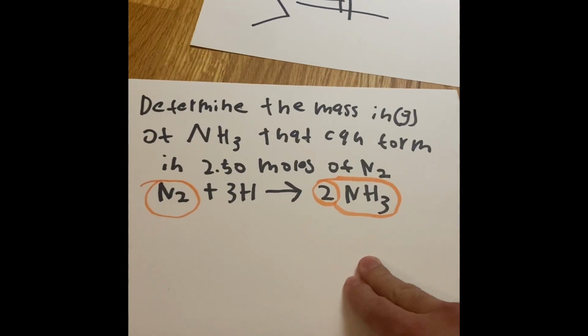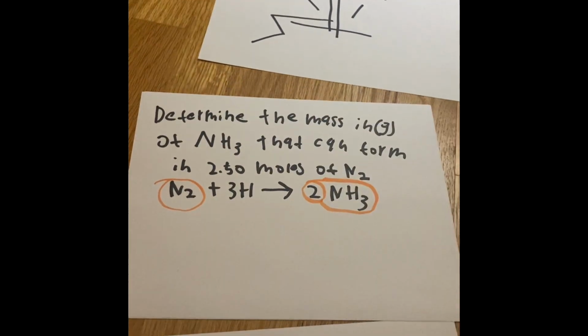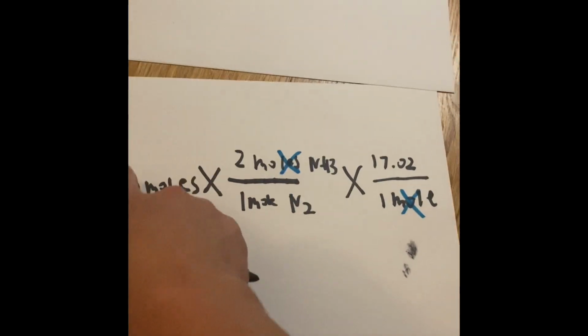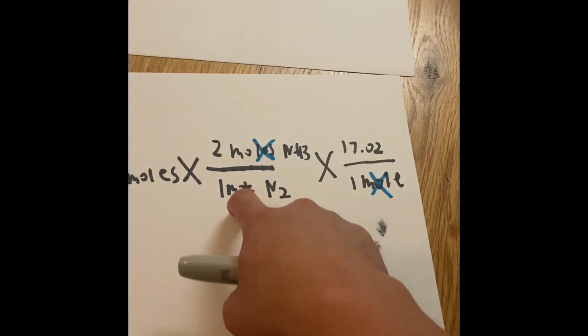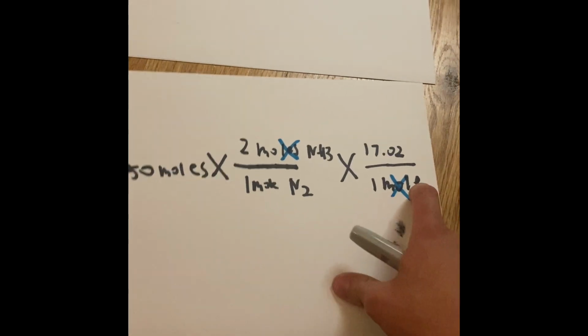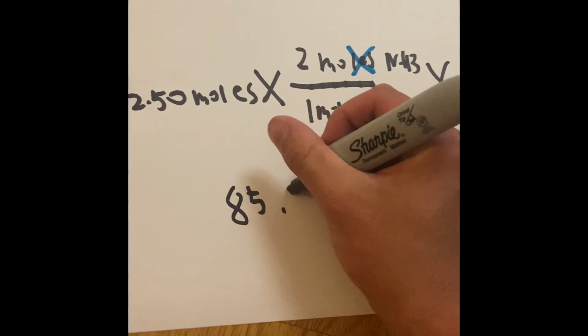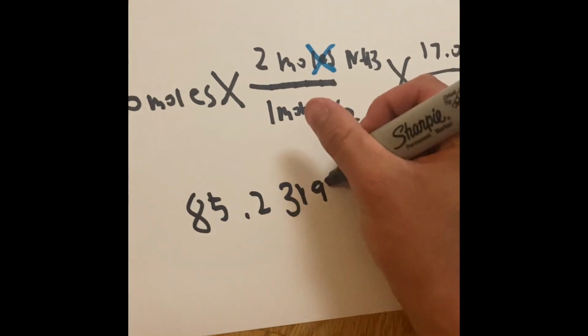So when you do this, times that, divided by that, you're going to get a final answer of 85.2 grams.